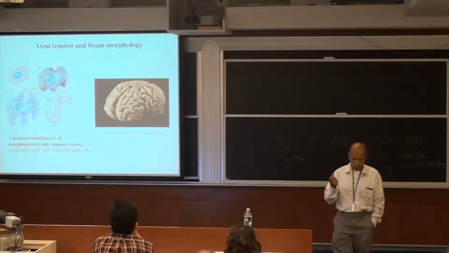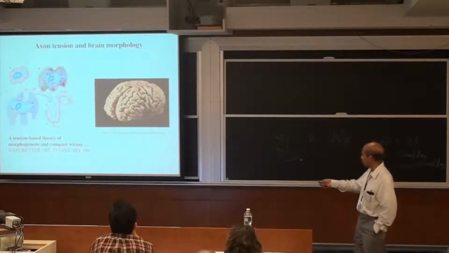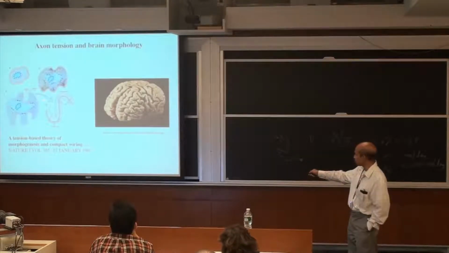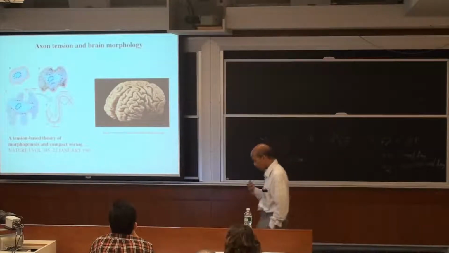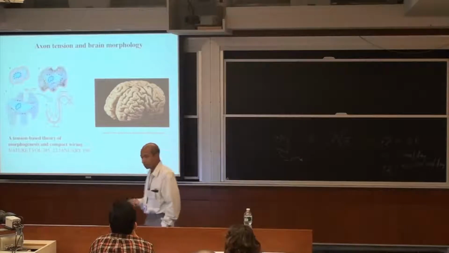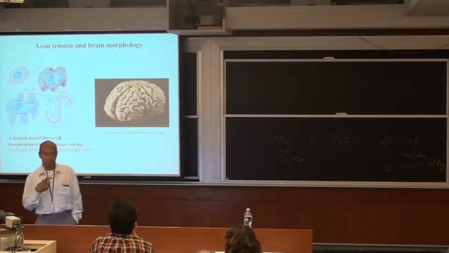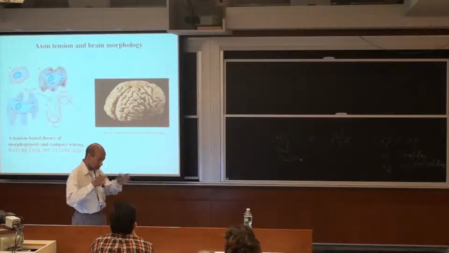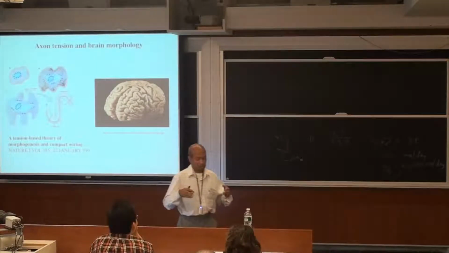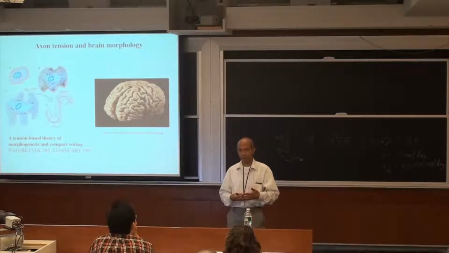It's like buckling a sponge, and it also creates much more optimum circuitry. It has never been proven experimentally, as far as I know, in the adult brain. But this was a proposition that it's the tension in the neurons that gives rise to this highly organized structure and efficient circuitry.